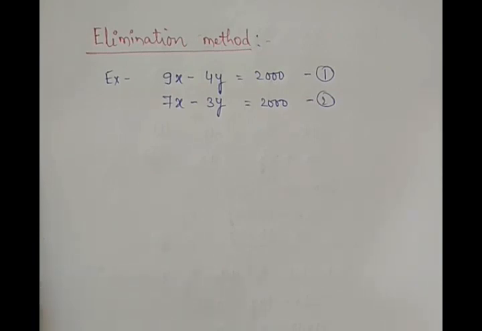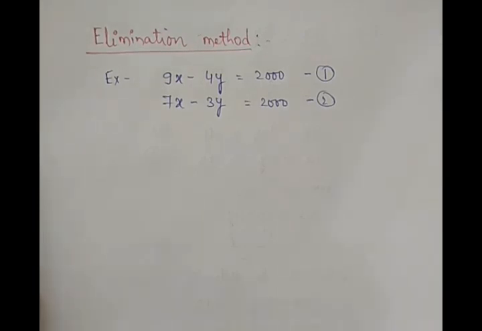Now in the elimination method, what we have to do? First of all, in the very first step, by multiplying both the equations by any non-zero constant, we will make the coefficients equal either for x or for y.